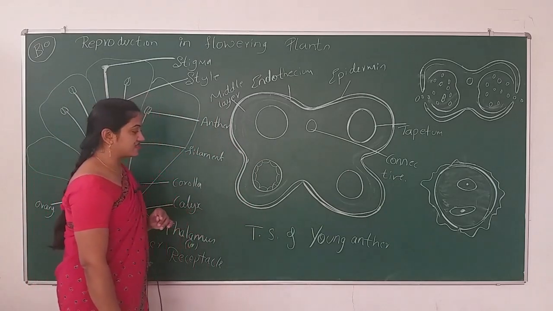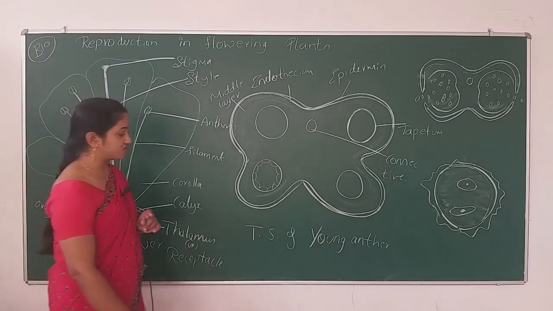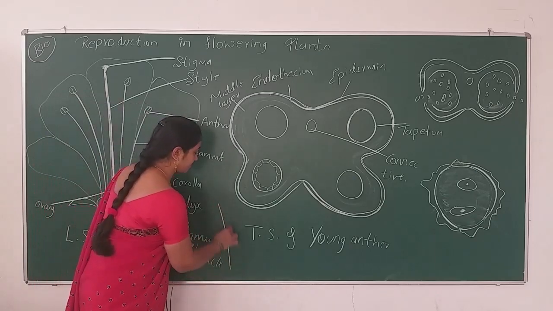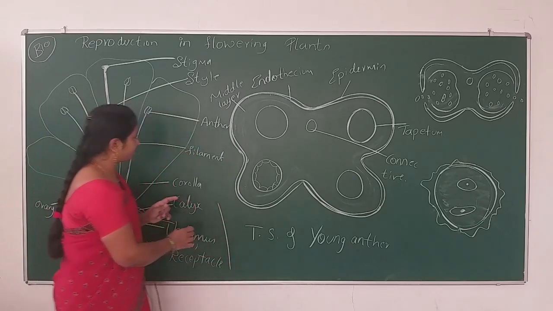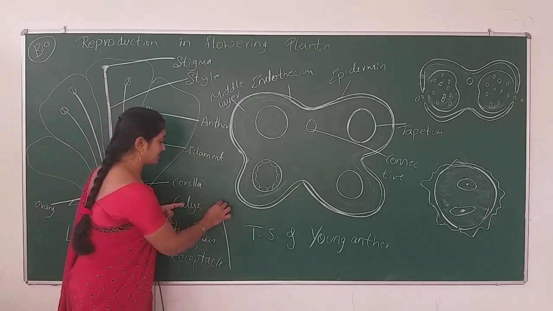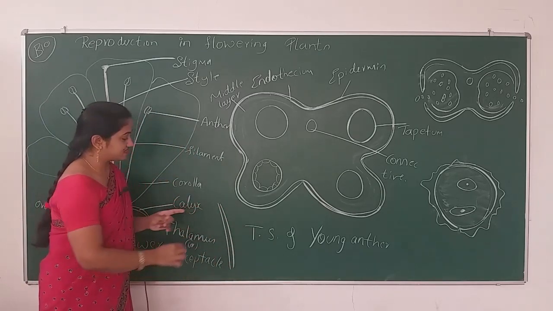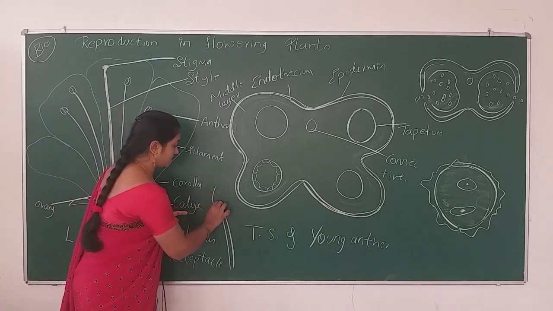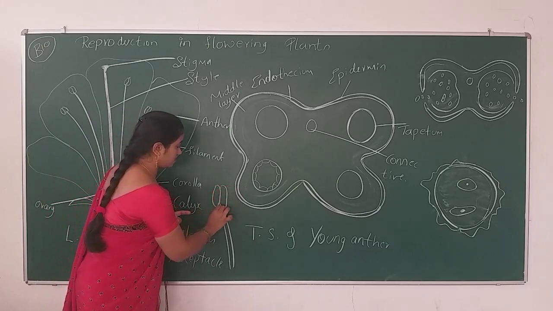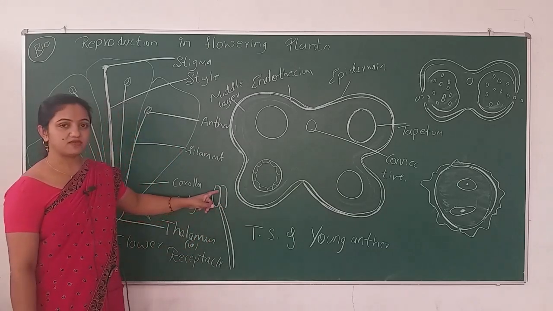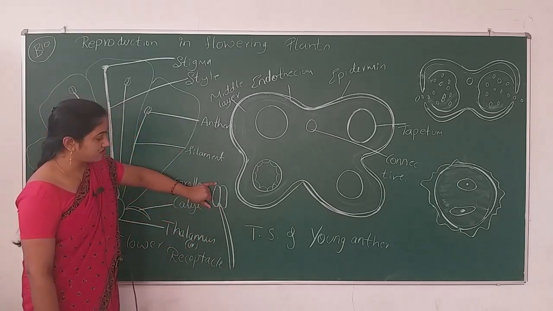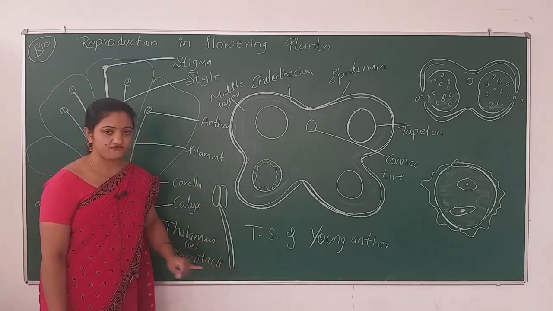How do you consider the transverse section of anther? Look at this diagram now. I am drawing a stamen here, having a two-lobed anther and a filament.